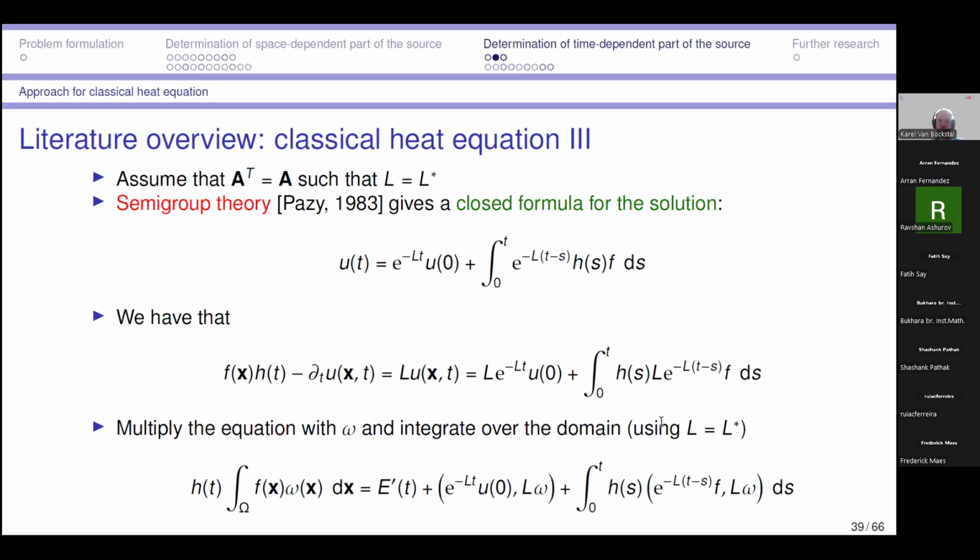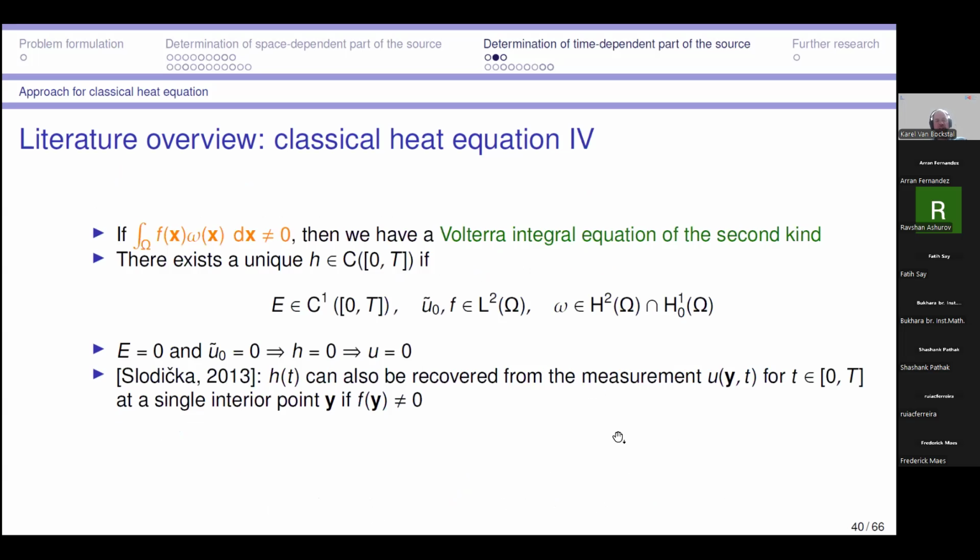We need to assume that the operator is self-adjoint, so A is symmetric, and then under the condition that this integral is non-zero, we get this equation. It's a Volterra equation of the second kind, and so there exists a unique h to this problem.